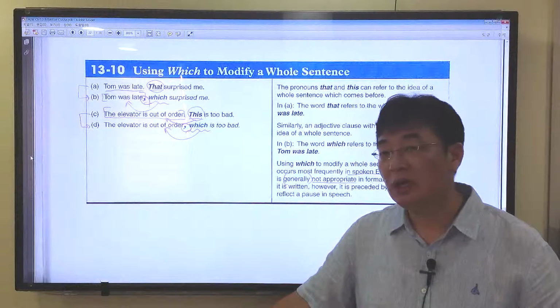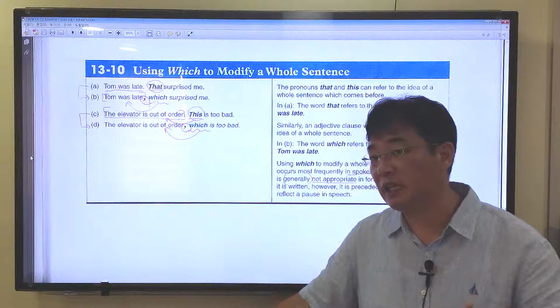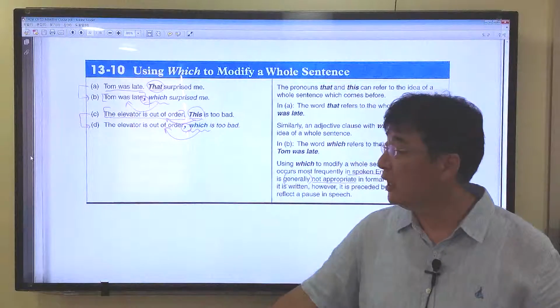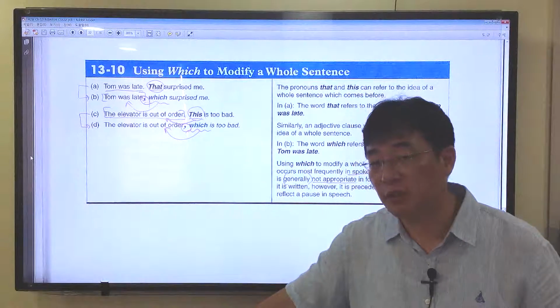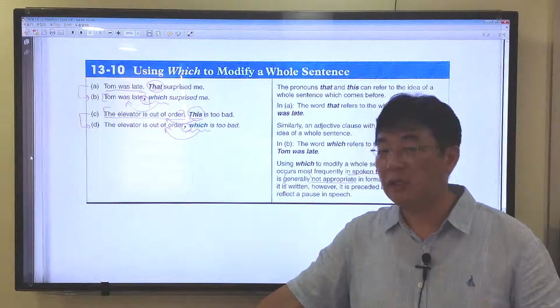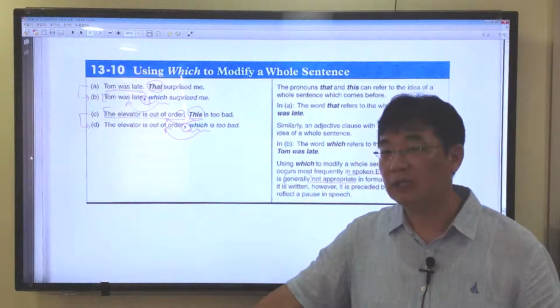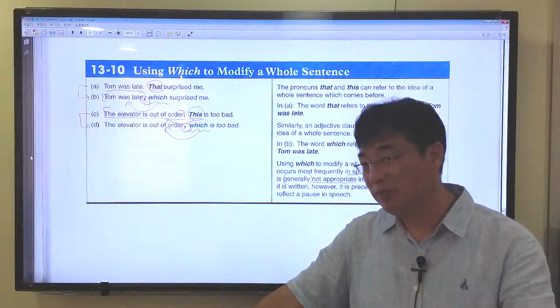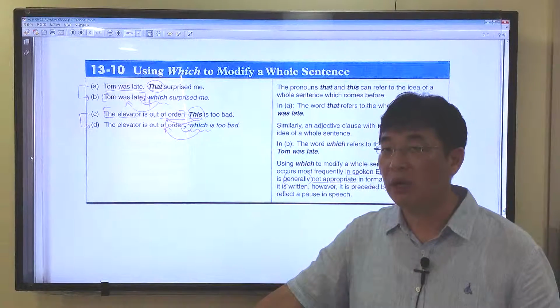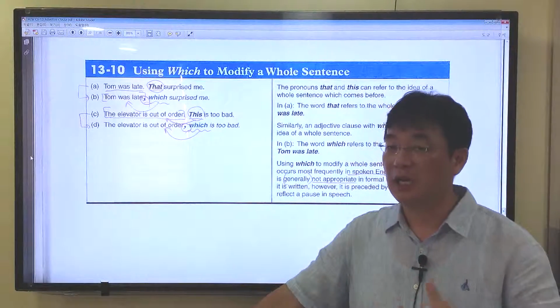Okay? So you have to have an understanding in full perspective in terms of the adjective clauses. So whenever you come to read somebody else's writing, you can distinguish which part is an adjective clause which adds meaning to a noun or the whole sentence lying in front of it.